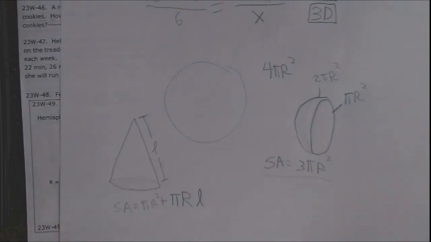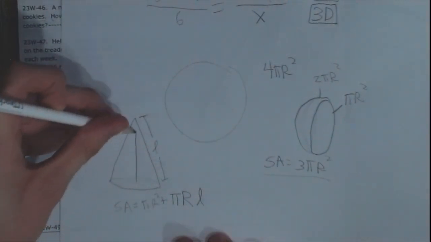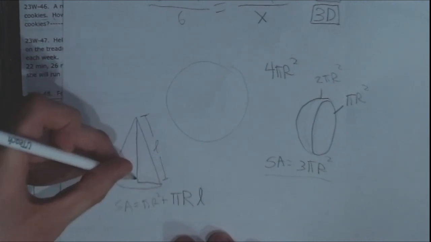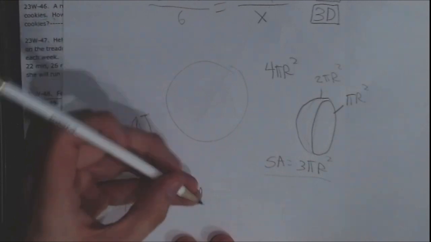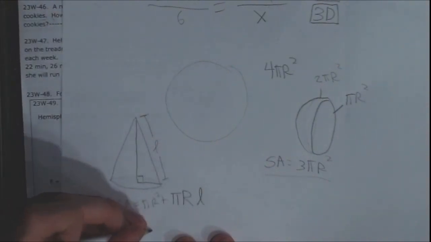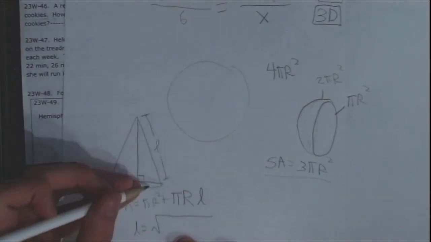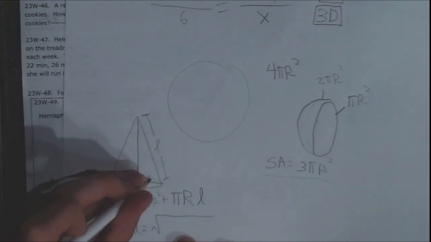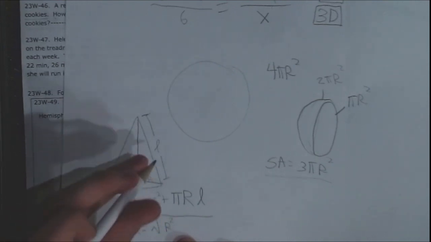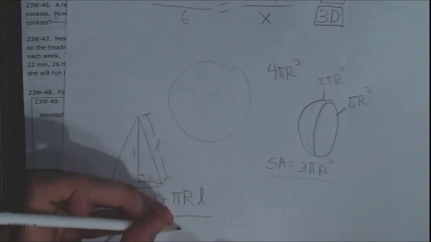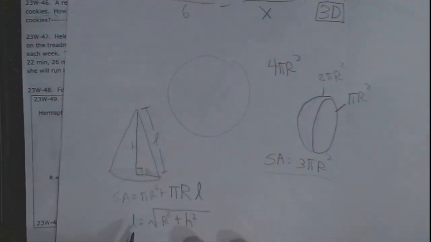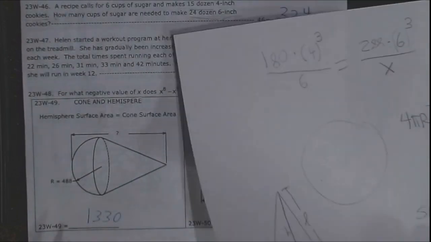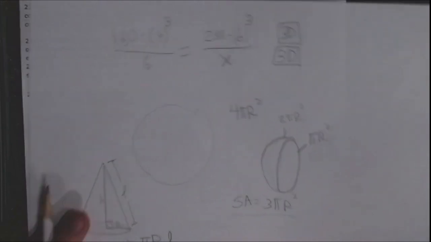To solve for your slant height, you just use the Pythagorean theorem by drawing this right triangle here. That slant height is equal to the square root of a squared, which is our radius, plus b squared, which is our height. And I'm given only the radius of the circle.